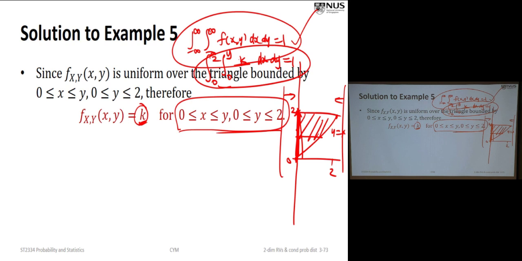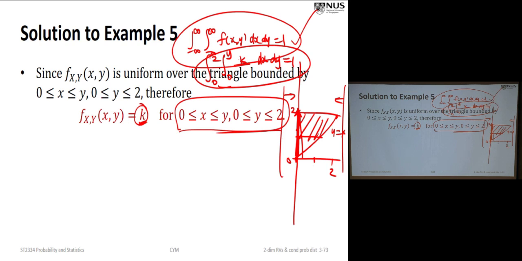So then we integrate. If we integrate x first, that means you fix y and integrate x. Now let me sidetrack a little. What happens if I want to integrate y first instead of x? I have to fix x and then integrate y.